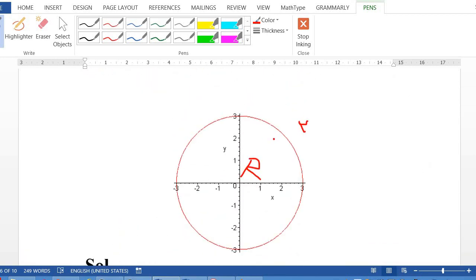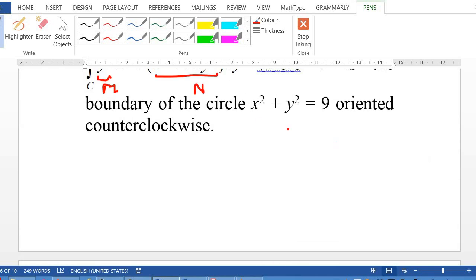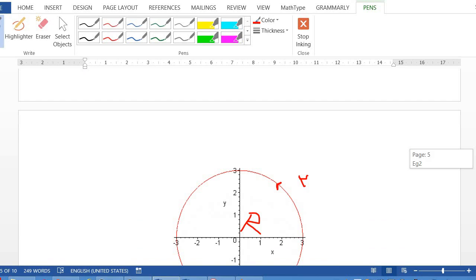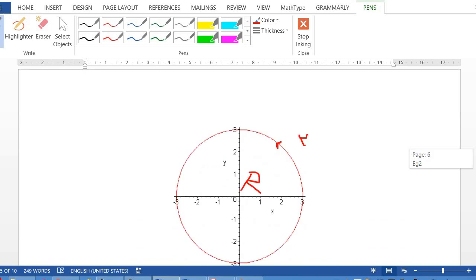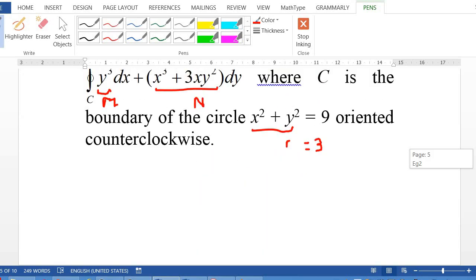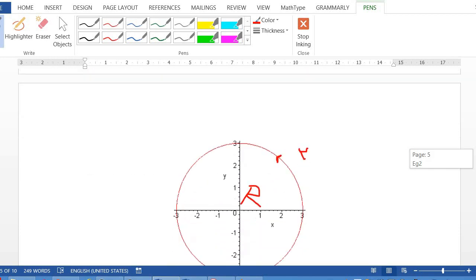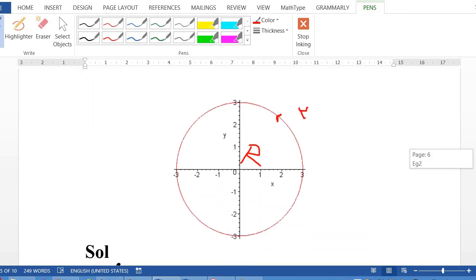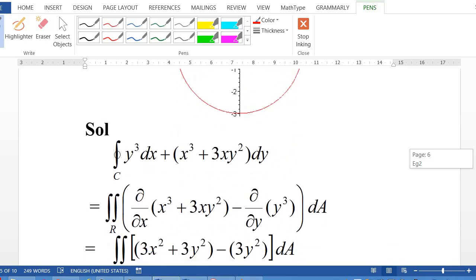So the curve C here is a circle with radius 3 units oriented counterclockwise. The curve is closed, it forms a region R, then you can use Green's theorem to evaluate it. And region R is circular, so evaluate the double integral using polar coordinates.